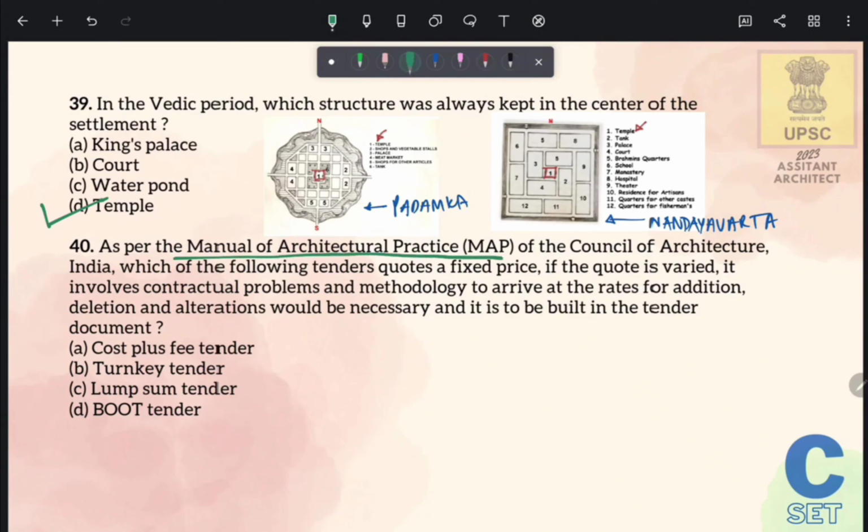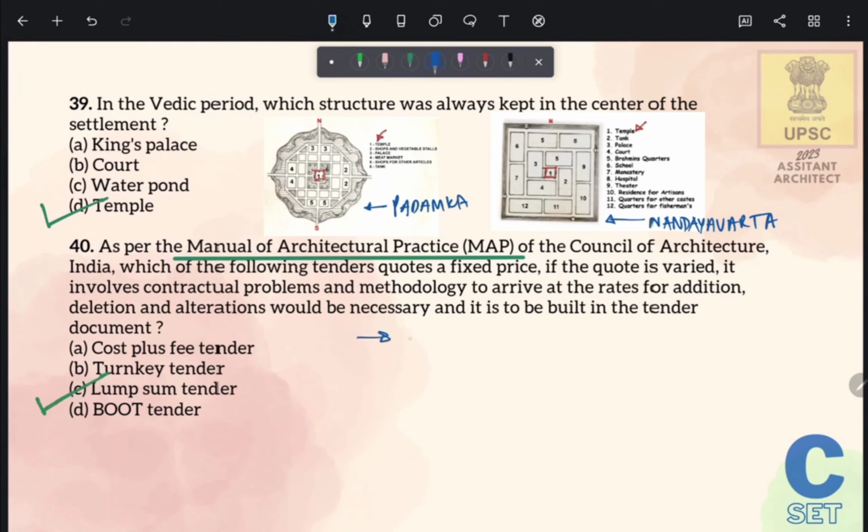So this manual of architectural practice has 5 volumes, and as per that, in a lump sum order, the rates are already fixed before the execution of the project, which sometimes creates a problem because addition and alteration in rate becomes very difficult, and both the parties need to agree on that. Therefore, the correct answer of this question is option number C, lump sum tender.